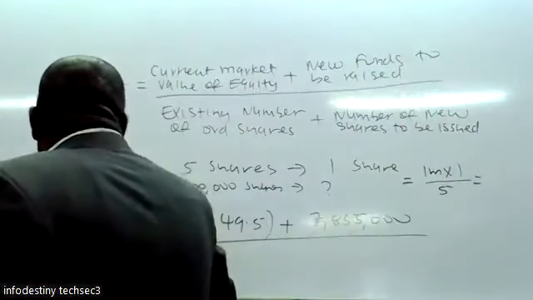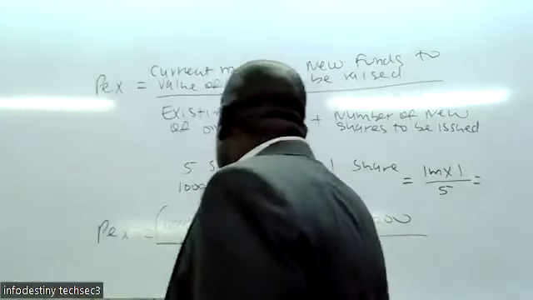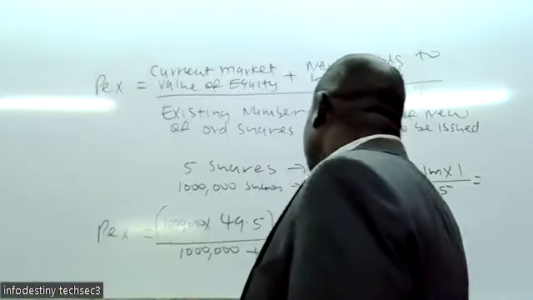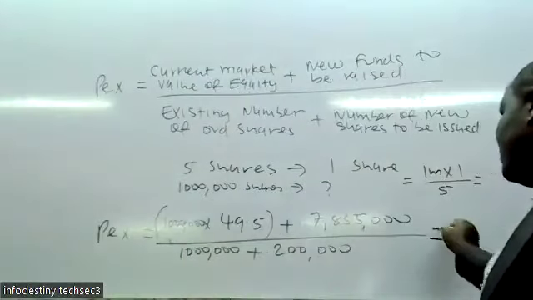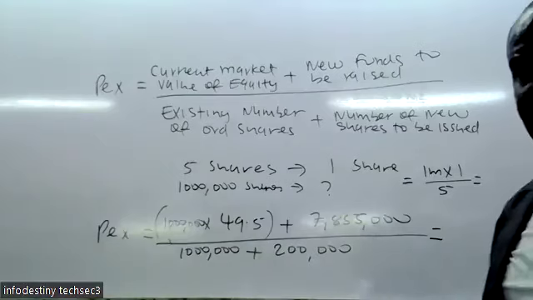Existing number of the ordinary shares are 1 million. The new shares to be issued are 200,000. So get that theoretical X-right price.